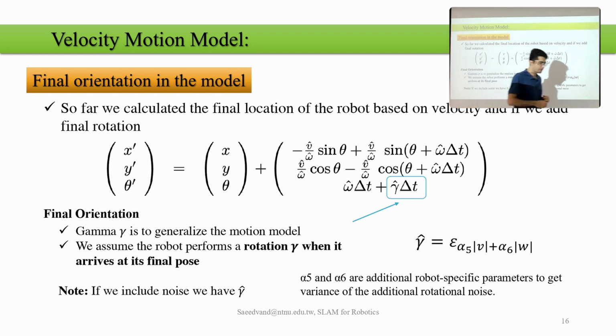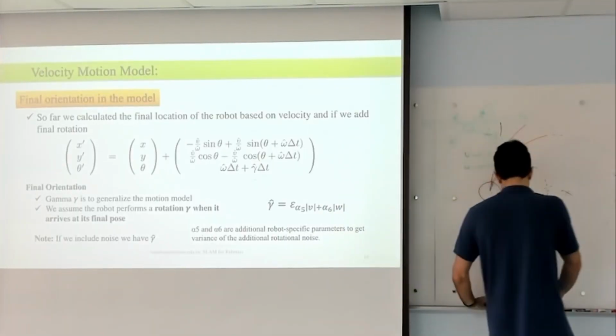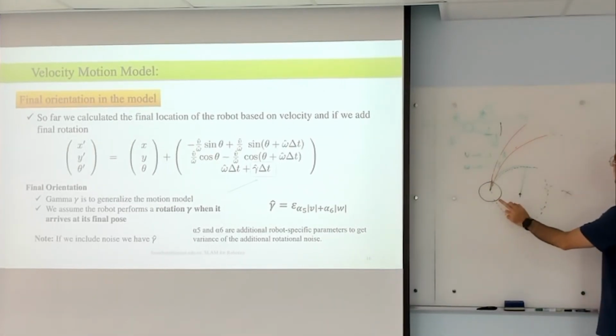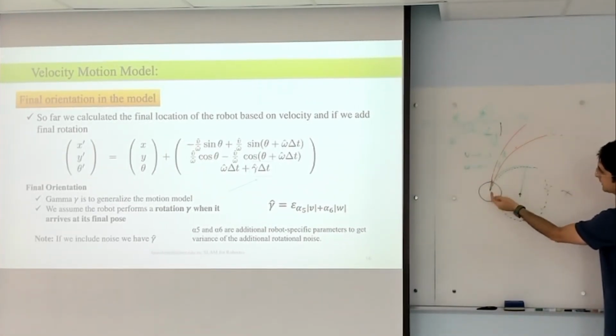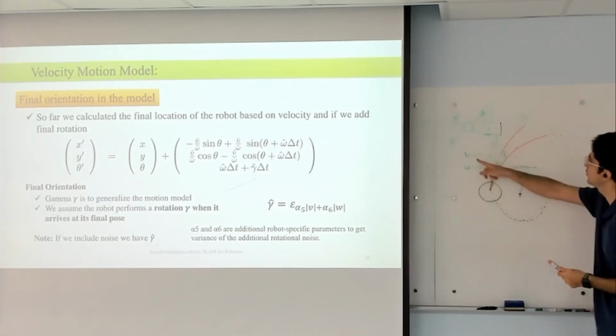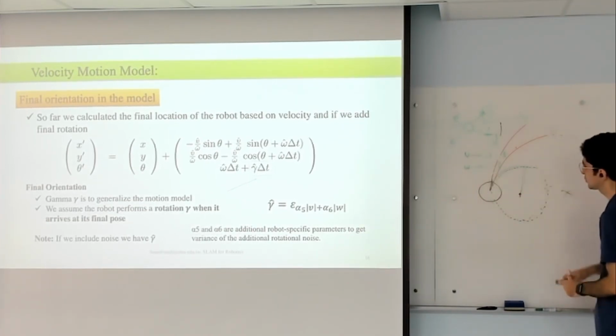One thing is remaining, and what is it? The thing that is remaining is the final orientation. If we want to generalize the solution that we have for the velocity motion model, I exemplified this here. The robot bearing is looking like this, and we have v, w, some constant values.